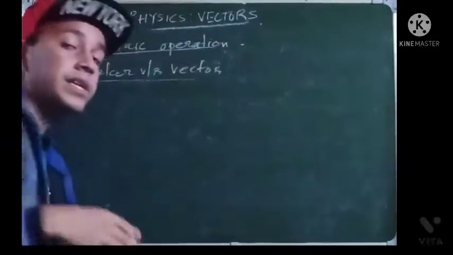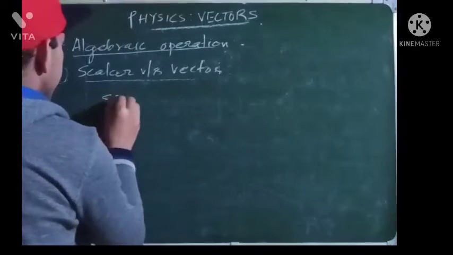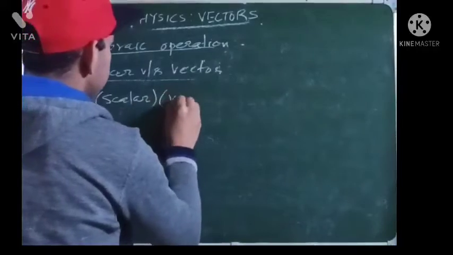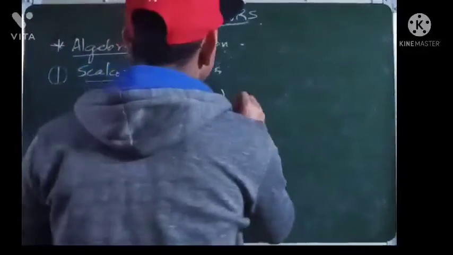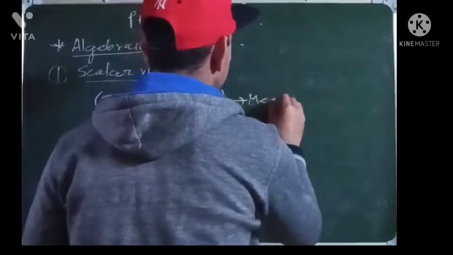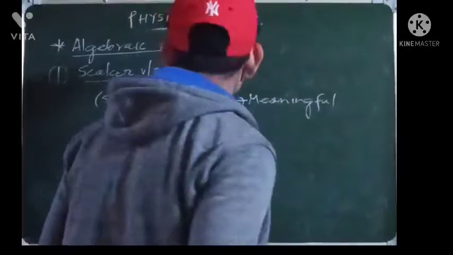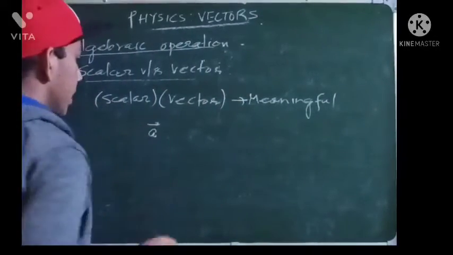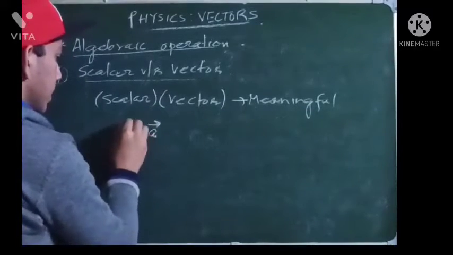Next, we are going to see multiplication of a scalar with a vector. A scalar multiplied with a vector quantity is a meaningful statement. For example, let us suppose we have a vector A and we are multiplying it with the scalar 5.